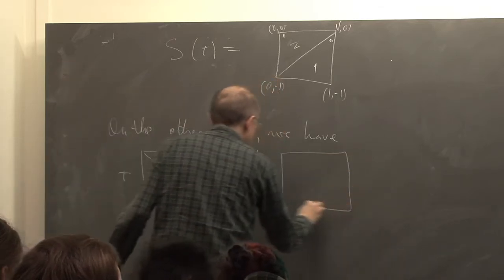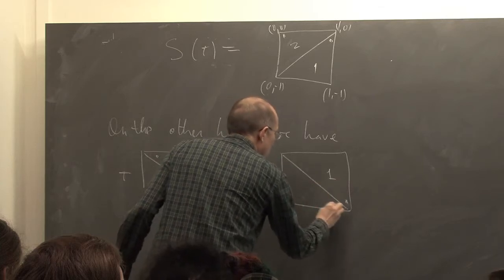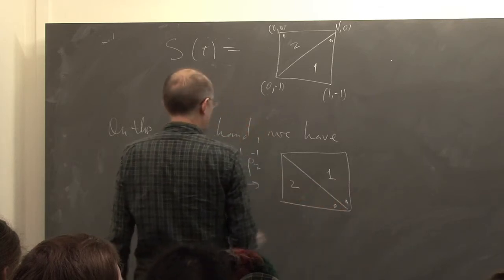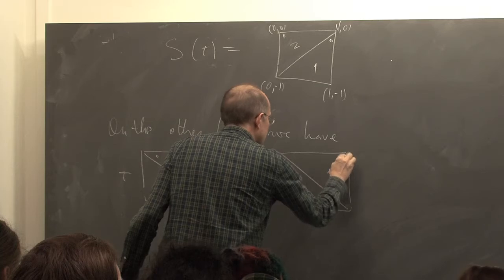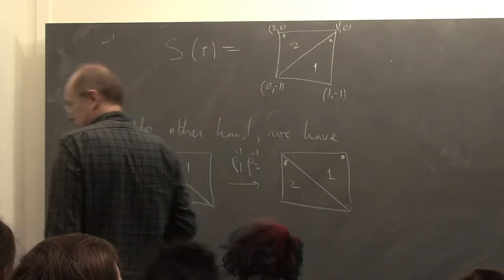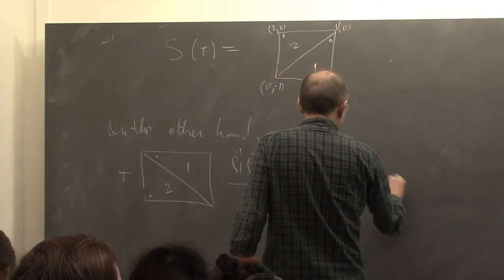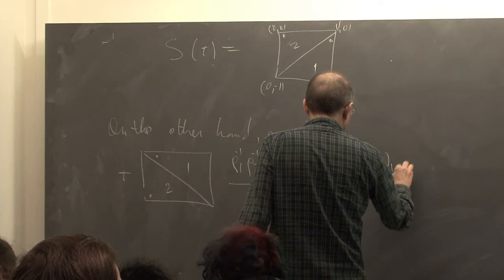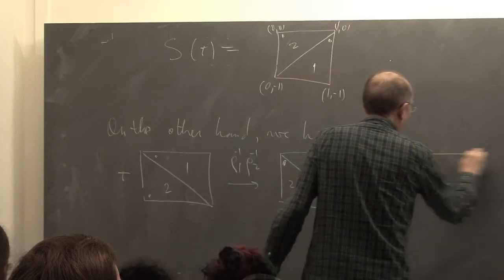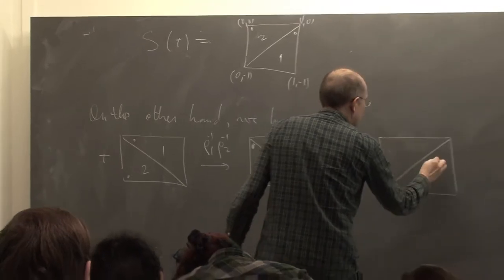So what we get is this rho 1 inverse, so clockwise. We rotate it clockwise. We get to here, and we apply the inverse of omega 1, 2. We get to here.